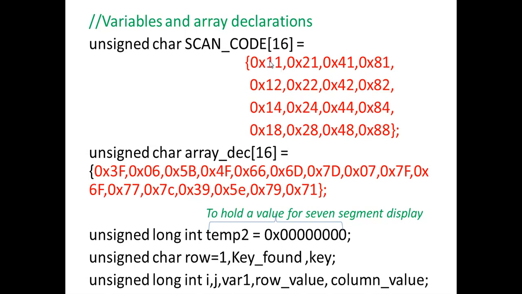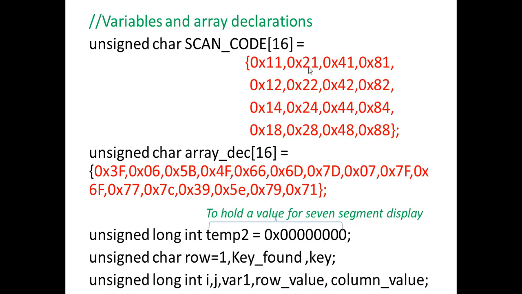So whenever the key value returns 0x11, that means the first key in the matrix is pressed: column 1, row 1. Similarly, this is column 2, row 1. So this corresponds to the first row, the different switches in the first row. Column 2 means the first position of the nibble; this is the 0th position of the nibble, so obviously the hexadecimal value is 1.